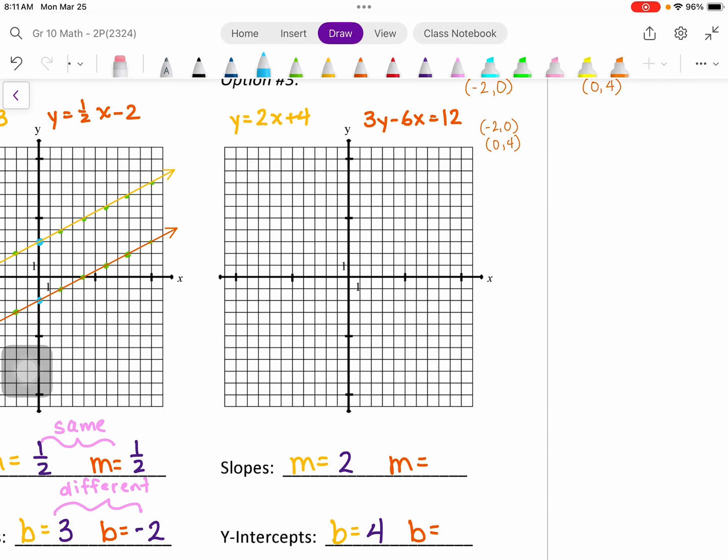So I have first a y-intercept of 4, and then a slope of 2, which is 2 over 1, so up 2, right 1, or down 2, left 1. And then we'll draw in our line.